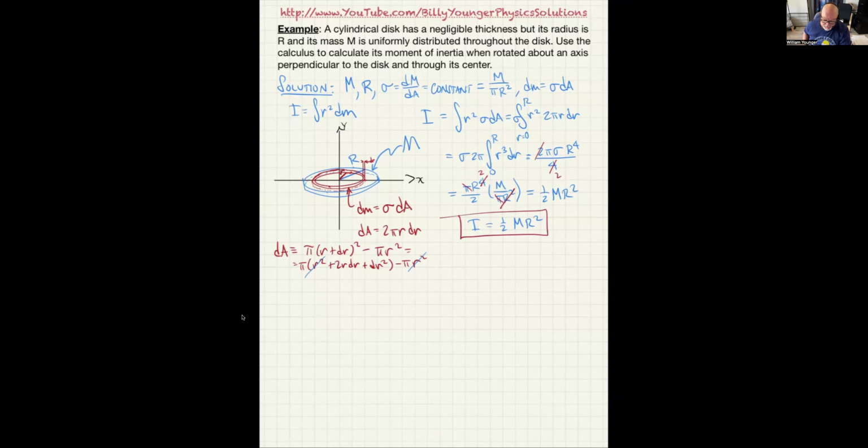You could, of course, make this a little more complicated if you wanted to. Let's pretend that sigma is maybe not uniform. Maybe sigma is not a constant. Maybe sigma depends on r. You could treat basically a disk that's made of progressively heavier materials as you get further and further from the center of the circle.